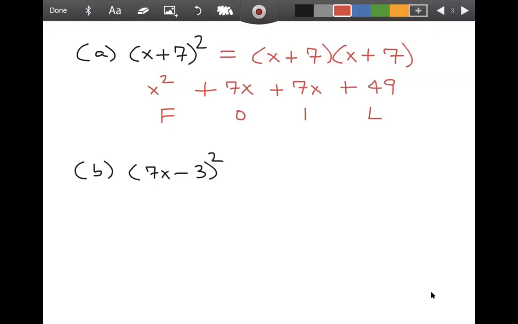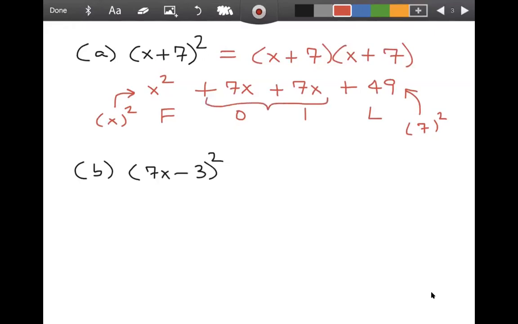All right. So what I want to point out to you is that x squared is, of course, the square of x. 49 is the square of 7. And then these two terms in the middle are exactly the same.